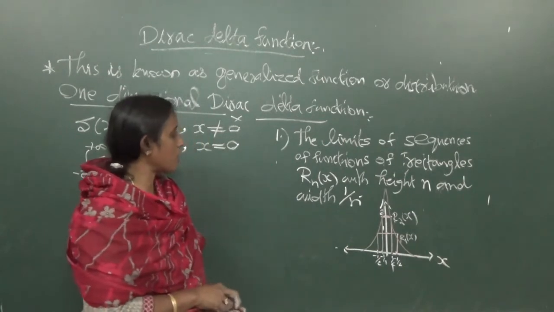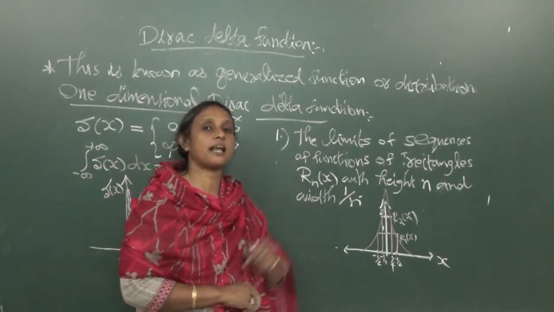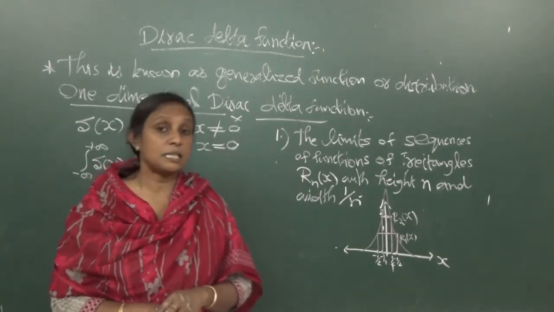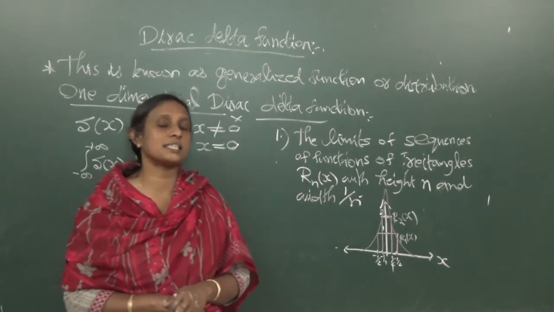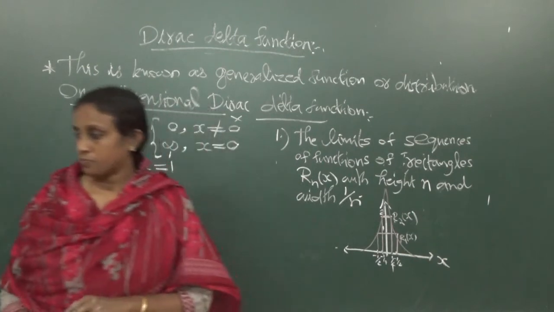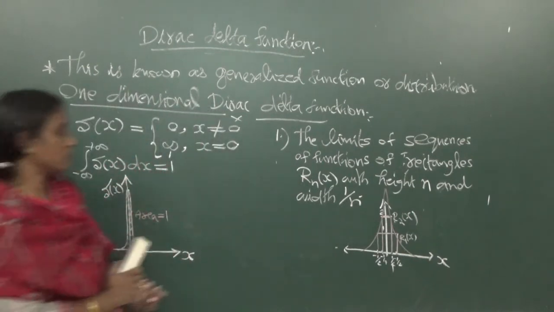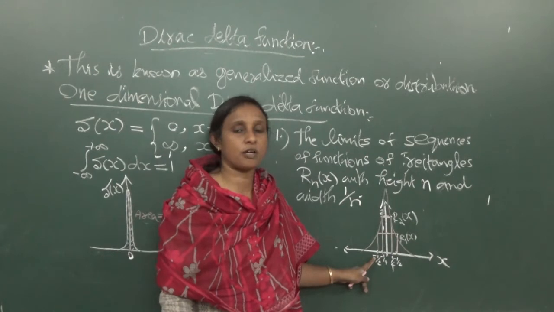Similarly, you can consider the Dirac delta function as the limit of a sequence of isosceles triangle functions. This is all about rectangular functions.